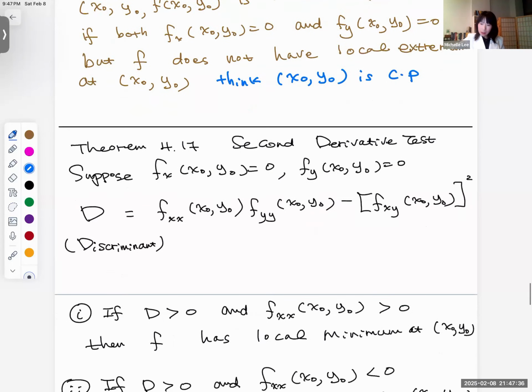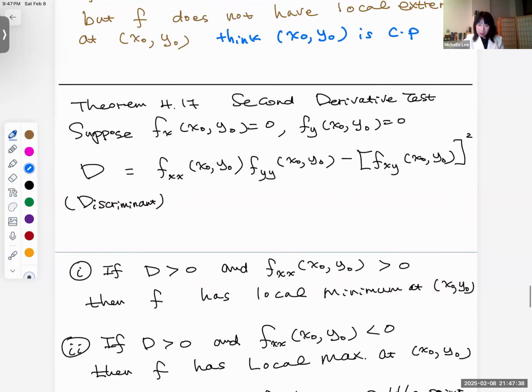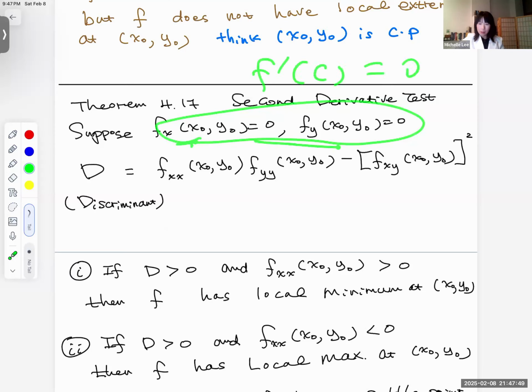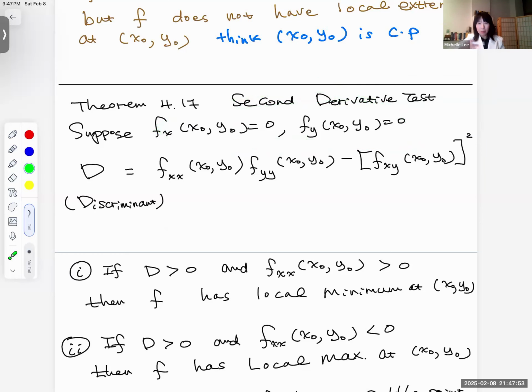Okay, let's take a look in calculus 3. So we have a second derivative test. So this is kind of the same as f prime of c equal to 0. Yeah, same, right? But in calculus 3, we cannot say that because we have more variables, right? So that's why we have a partial derivative, right?